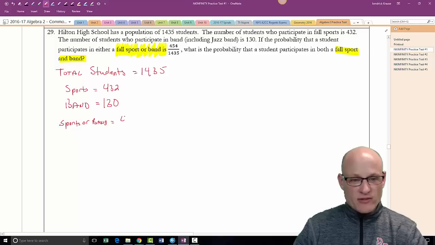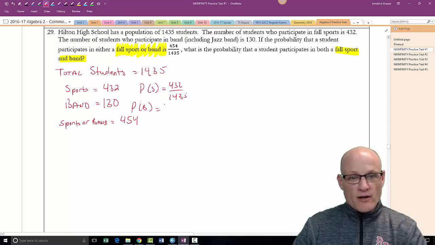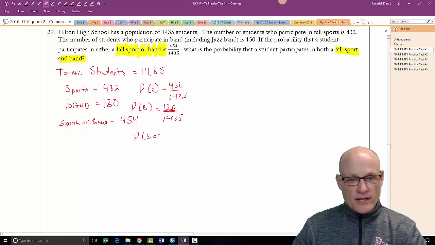Well, that should be obvious that it's 454, right? So what is the probability of sports? The probability of sports is 432 out of 1,435. What's the probability of band? 130 over 1,435. And the probability of sports or band, I should be using the symbols, is equal to 454 over 1,435.